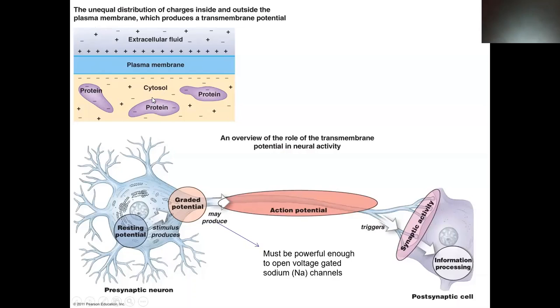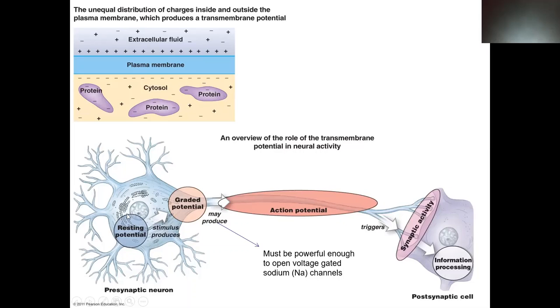So PIN is your proteins, it's your, what else? Phosphate and your potassium, perfect. So internally, that makes for a negative environment inside of the cell. Remember, this is called polarized because we have the opposite charges internally versus externally.